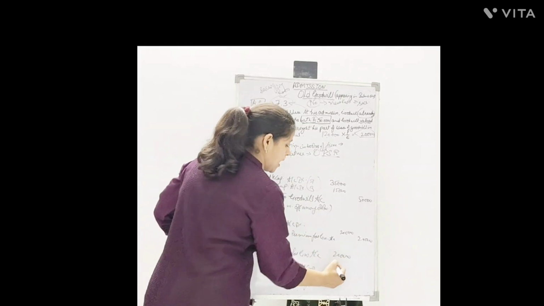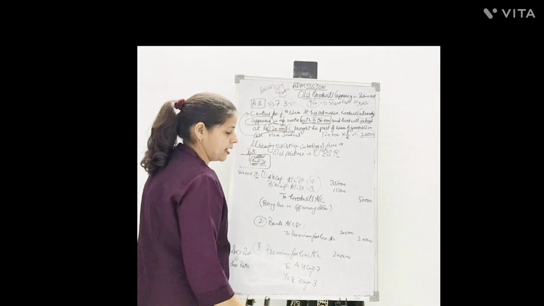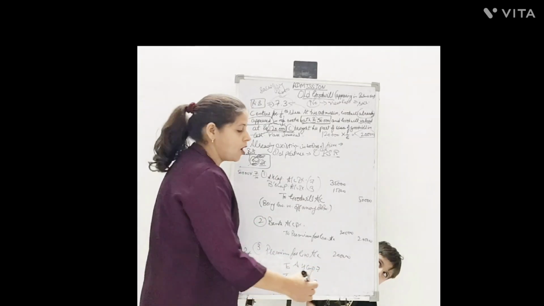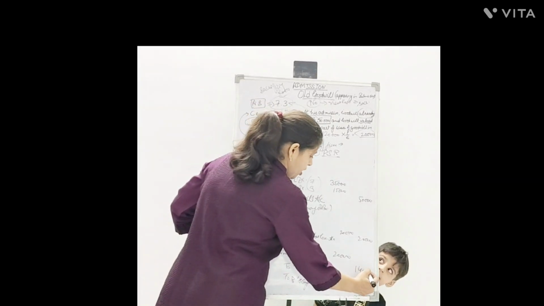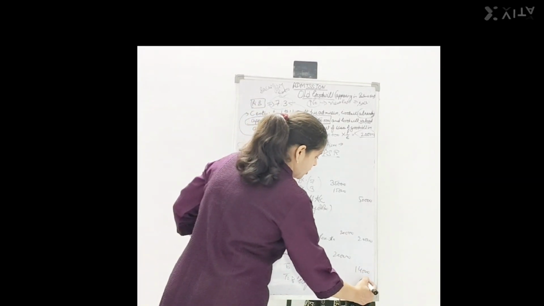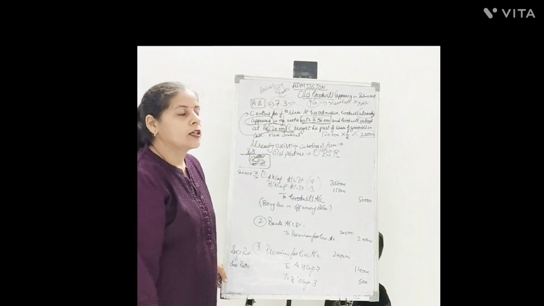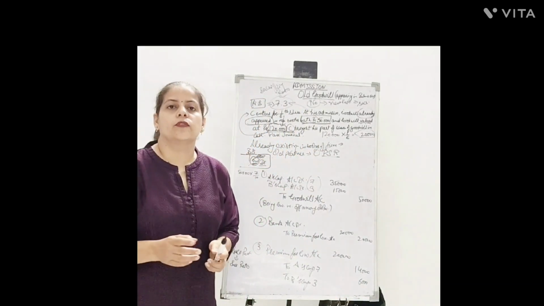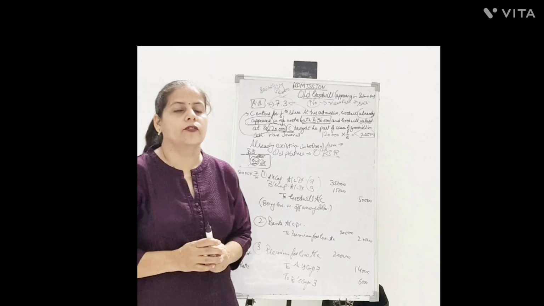So this 20,000 will go to A and B in the ratio 7:3. How much would A get? That is 14,000. How much would B get? That is 6,000. So this is for the part where goodwill is already existing in the books of account.